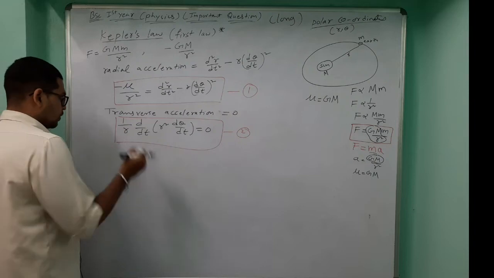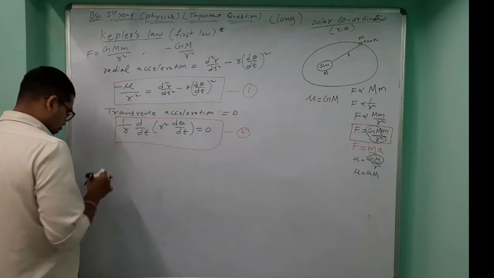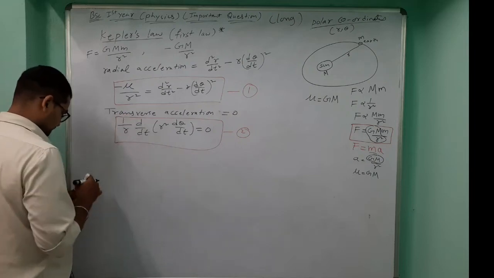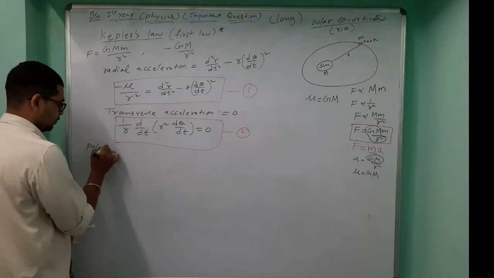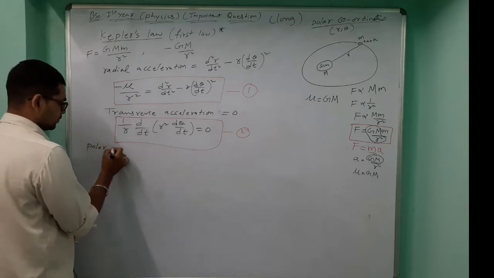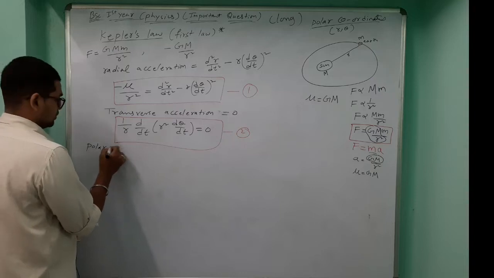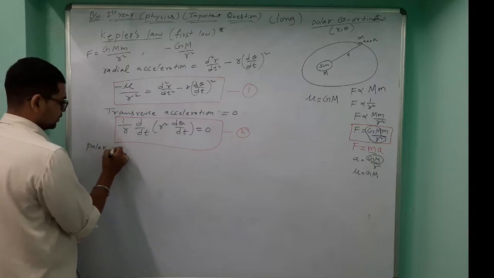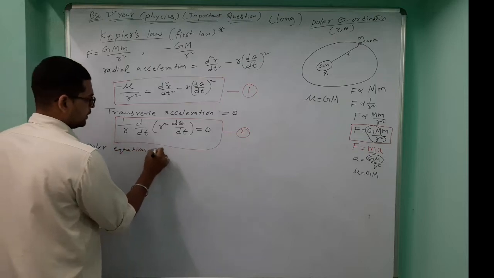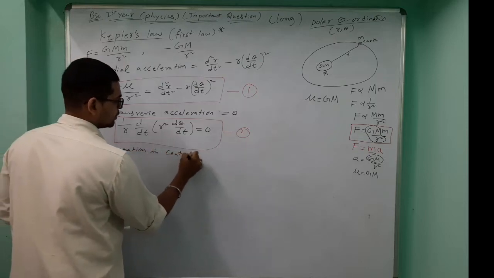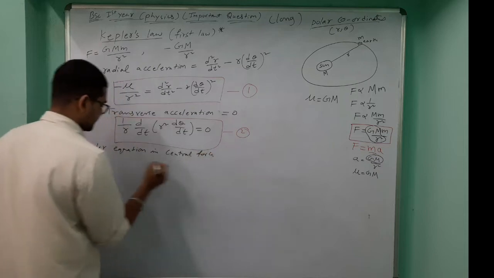Radial acceleration is given by this one, transverse acceleration is given by this one. Now, the polar equation in central force. I want the equation. It will be given like this.